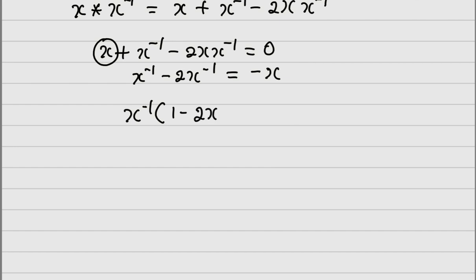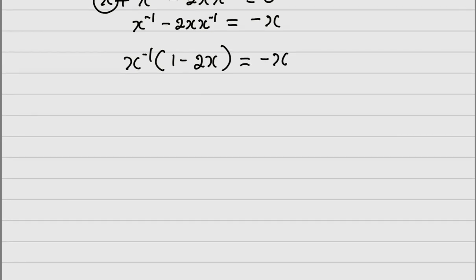Recall here I'm supposed to have 2x x inverse, equals minus x. Now x inverse will be equal to minus x all over 1 minus 2x.